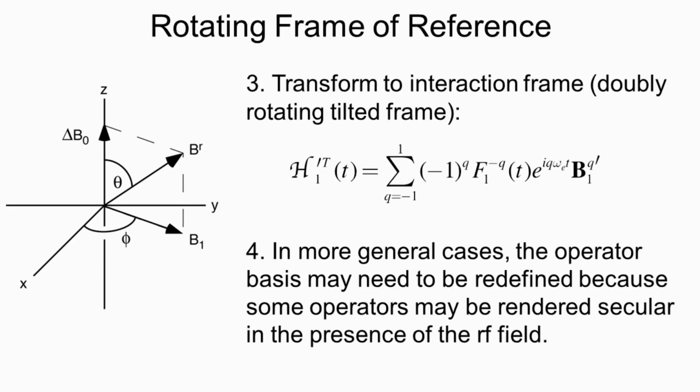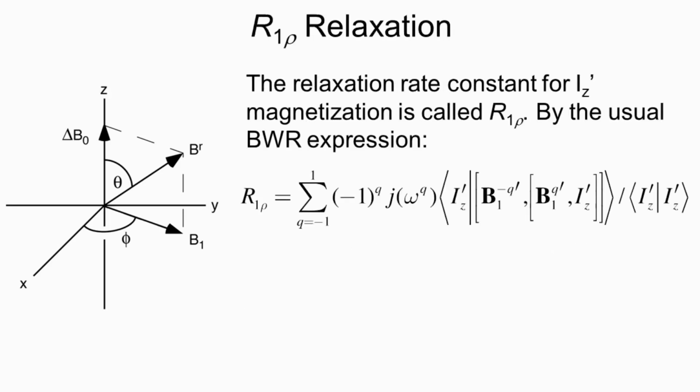In our problem, we won't need to do that, but it's just something to keep in mind. So the relaxation rate constant for magnetization that's locked along the IZ prime axis is called R1 rho. And we would get it from our usual Redfield type expression where we have double commutators summed over the basis operators and taking the trace, etc.